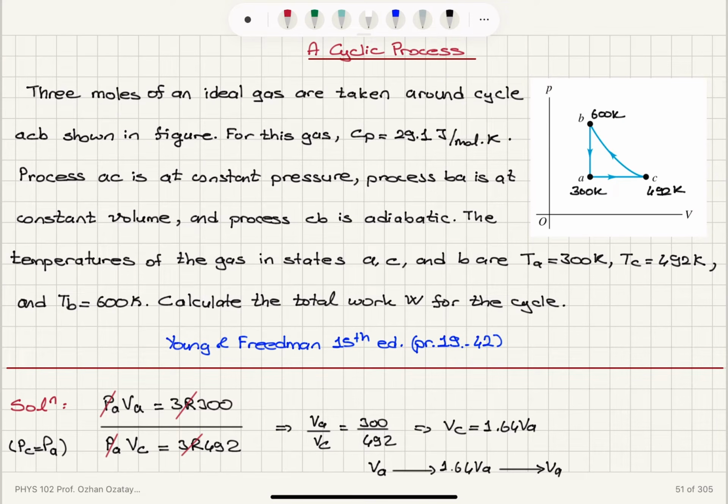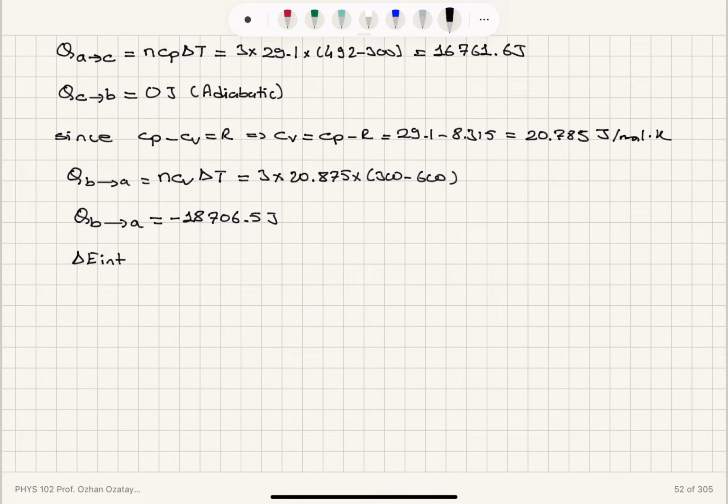What is the total internal energy change? The initial state is A. Final state is A. Internal energy is a state variable. The internal energy change for the cycle is 0 joules.